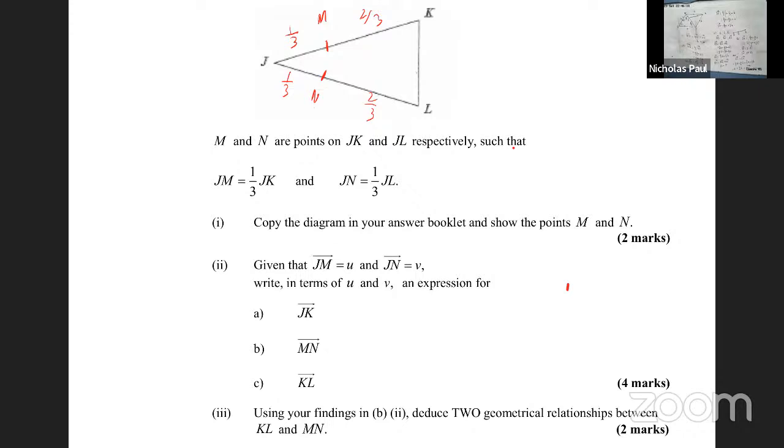If JM is u, anybody could tell me what MK is? Look at the ratio. JM is u, so what's MK? The ratio is 1/3 to 2/3, or 1 to 2. Celine, what would MK be? JM is u, so 2u, correct. And JN is v. So therefore, NL is what? 2v.